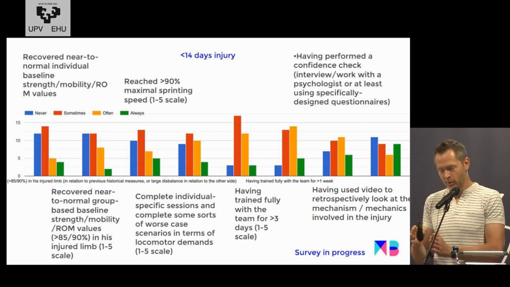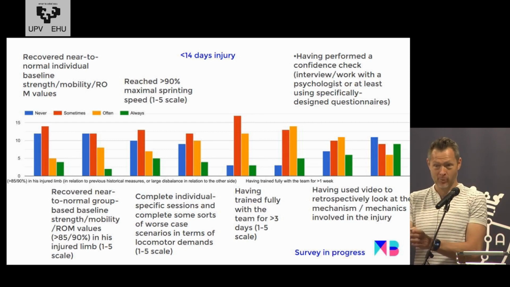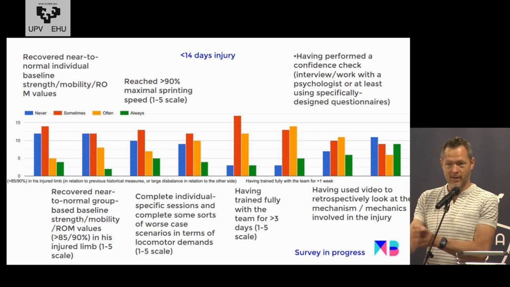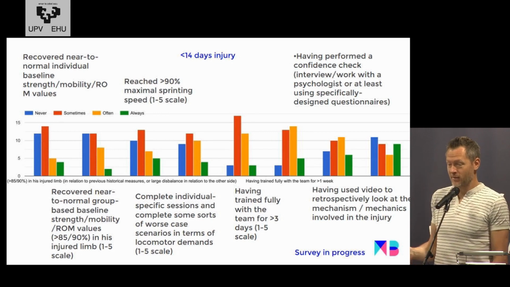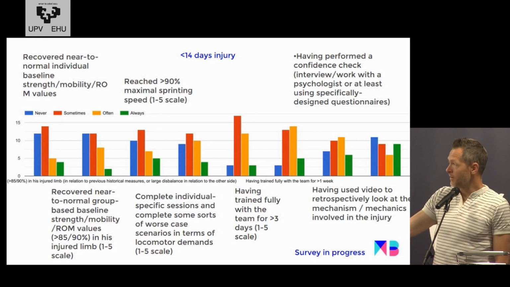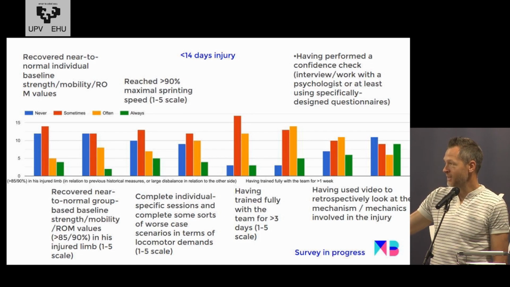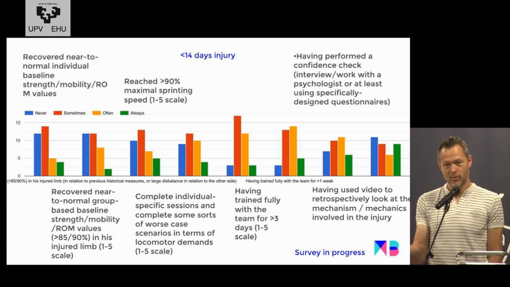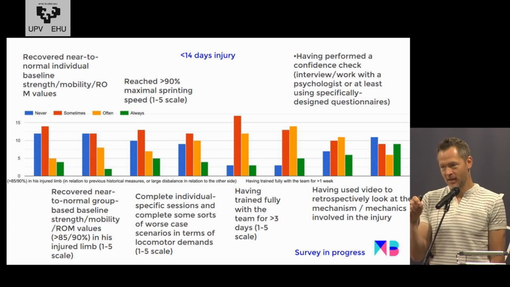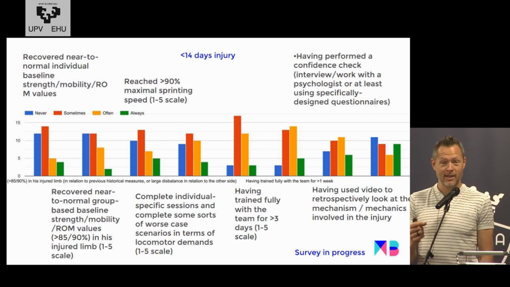We want to make sure the player touched 90% as a way to validate the return process, and then he can actually play. People admit that, in this case, a big proportion say never, normally they do it well and really validate, but you still have a big proportion saying that sometimes, often, and even some say always. So there's still a lot of people who send players to play a full match without having met those typical criteria. And that's the truth.